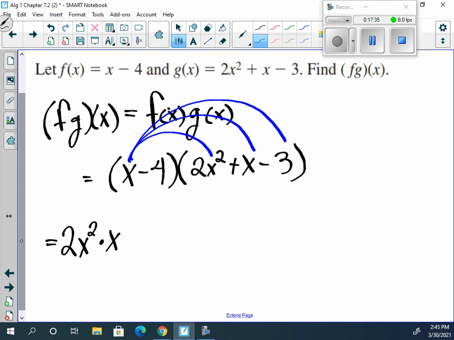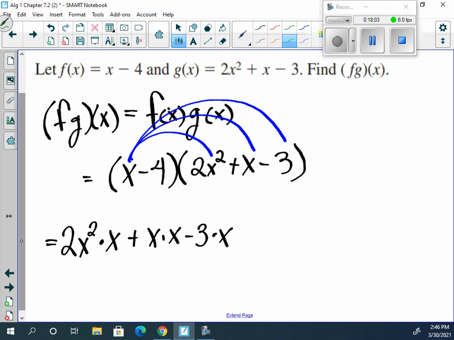Now we're going to have x times x, so I have plus x times x. And last we have x times negative 3, which would be negative 3 times x. So any questions on how we multiplied so far? So we just kind of written it out.